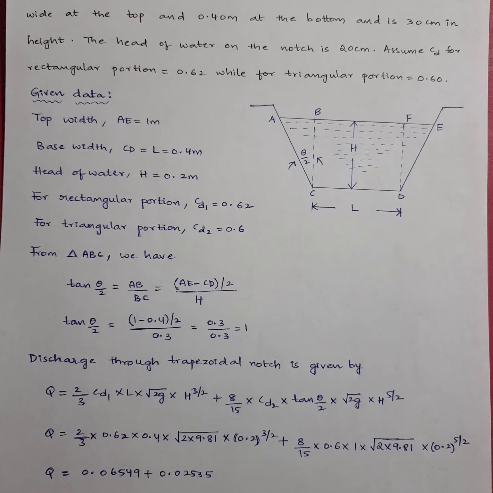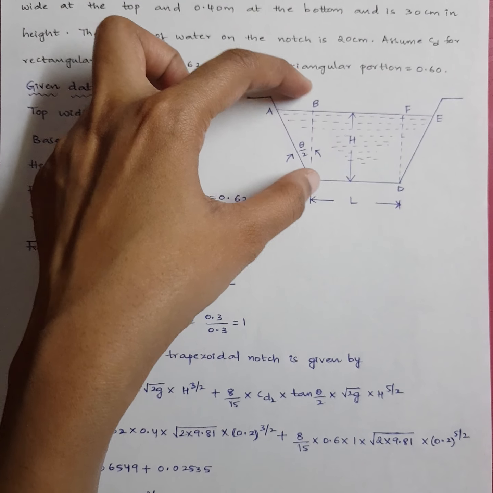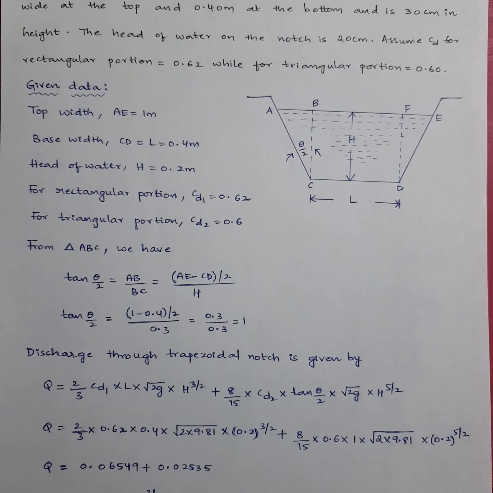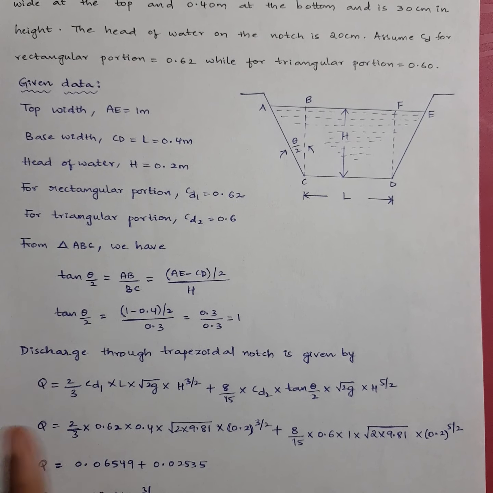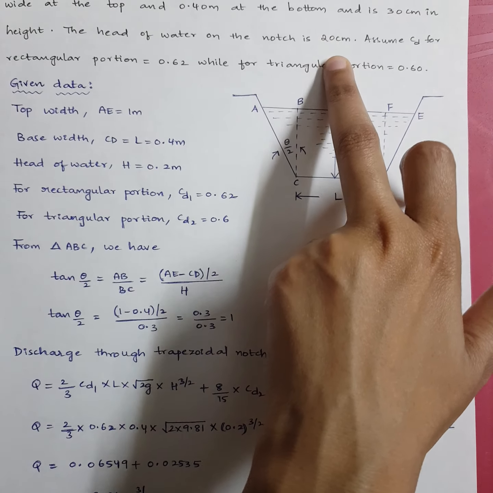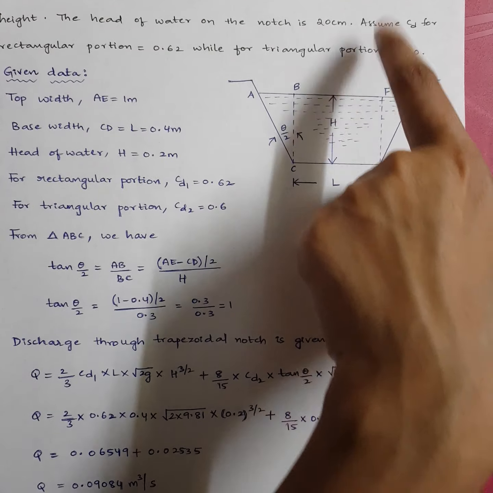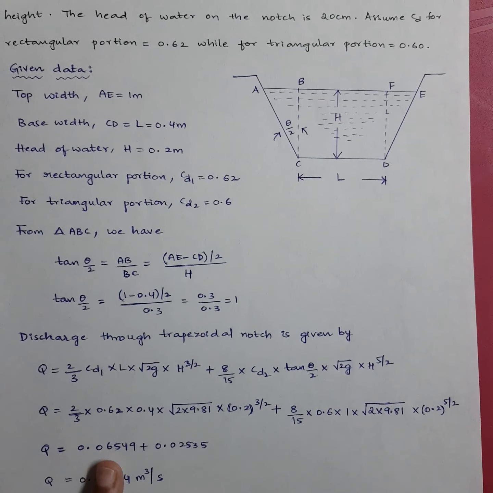He didn't tell you it's the head of water over the notch, he told you it's the height of the notch. So the complete height of the notch is 30 centimeters, but it is not the capital H. What is capital H? The head of the water over the notch, which is 20 centimeters. So H is 20 centimeters, right? Don't get confused between 30 centimeters and 20 centimeters.